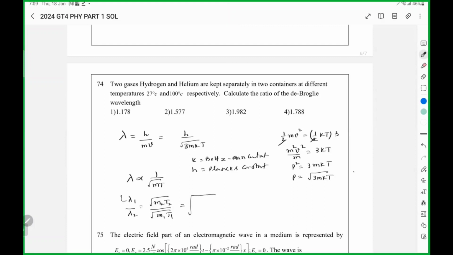So this you let us take for hydrogen, helium. So it's 4m. Temperature 273 plus 100, 273 plus 20, 300. 373 by 75. 75 roughly 5 times.